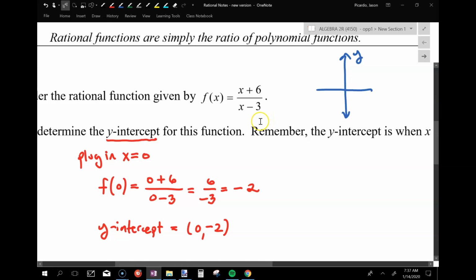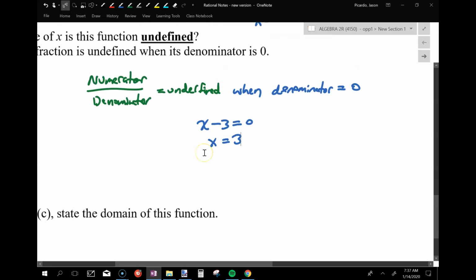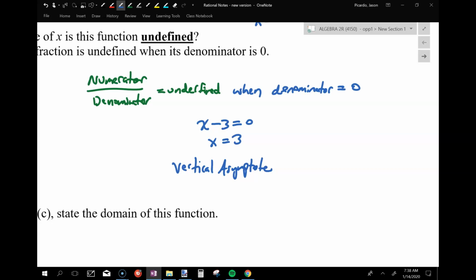So this function right here will exist everywhere except when x equals 3. So what that's going to create, guys, is called a vertical asymptote. Let's write that down. This is going to create a vertical asymptote. What's an asymptote? You guys have already talked about asymptotes a little bit.